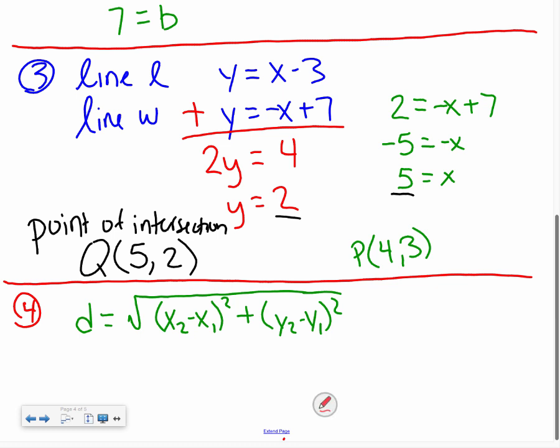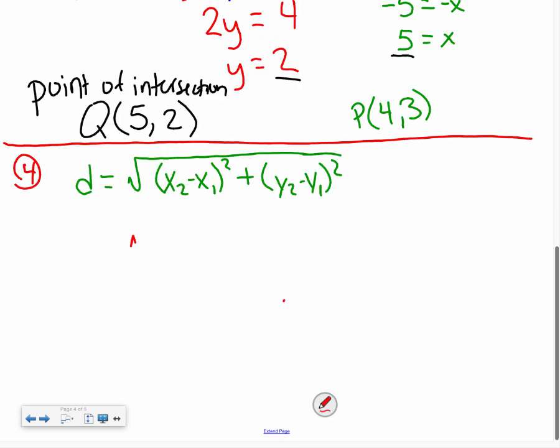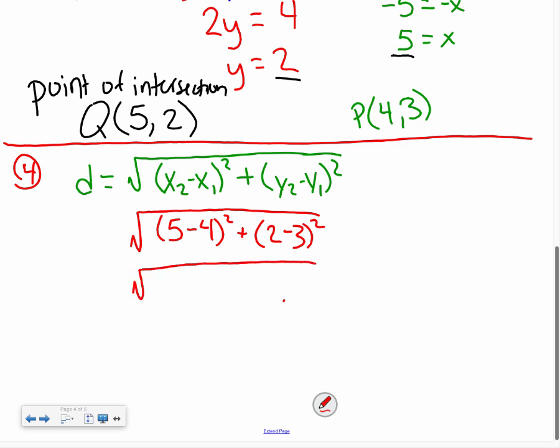Okay, so now we have the square root. Our x2 value, I'm just going to use 5 minus 4 squared plus, we have 2 minus 3 squared. 5 minus 4 gives us 1. 1 squared is 1. 2 minus 3 gives us negative 1.